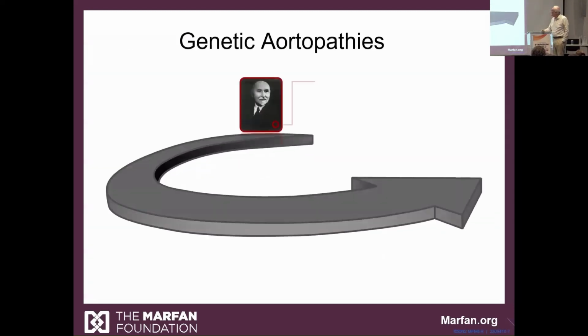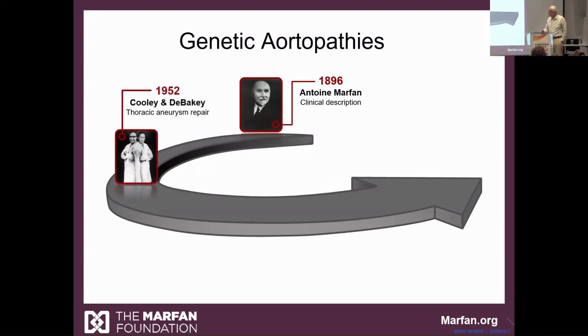Now, these are very important historical highlights, and I could talk about this for an hour, but I promise I'll leave it at 1 minute. Dr. Marfan was a French clinician. In France, he's known as the father of pediatrics, but he described a patient in 1896 who, it was later determined, probably didn't have Marfan syndrome, but his name became attached to the condition.